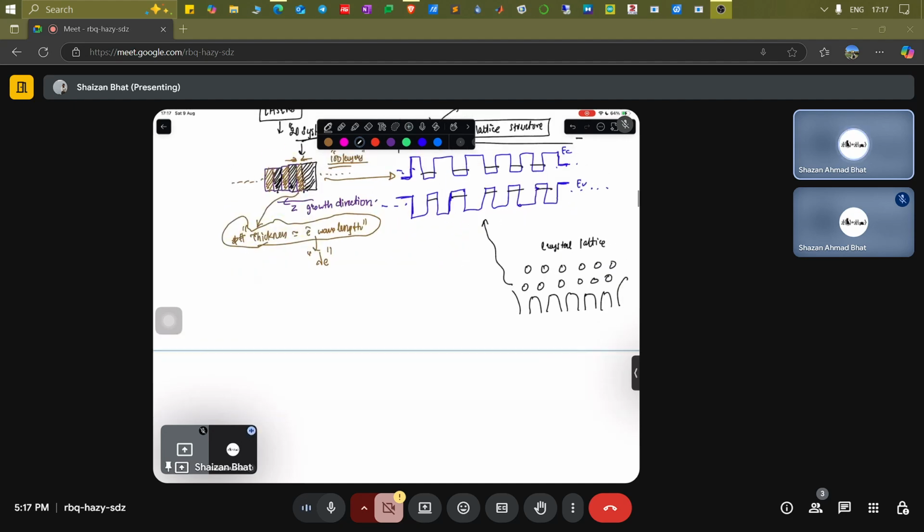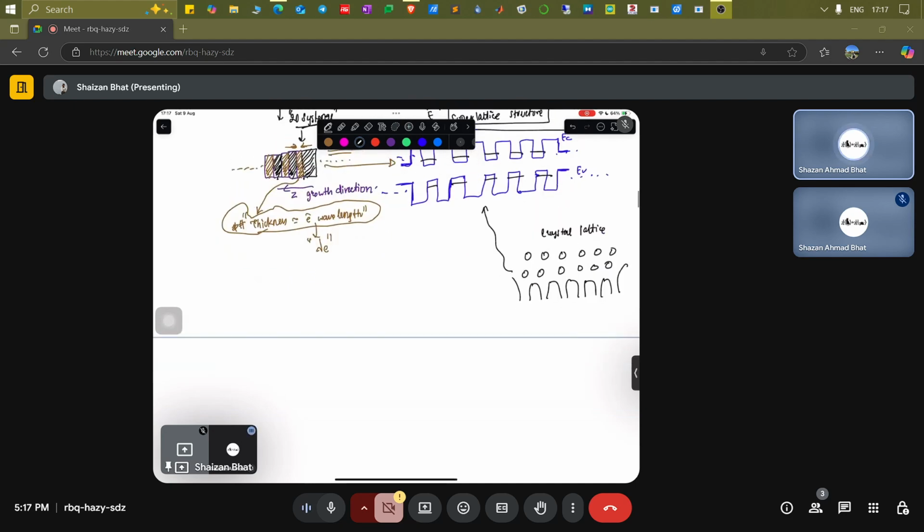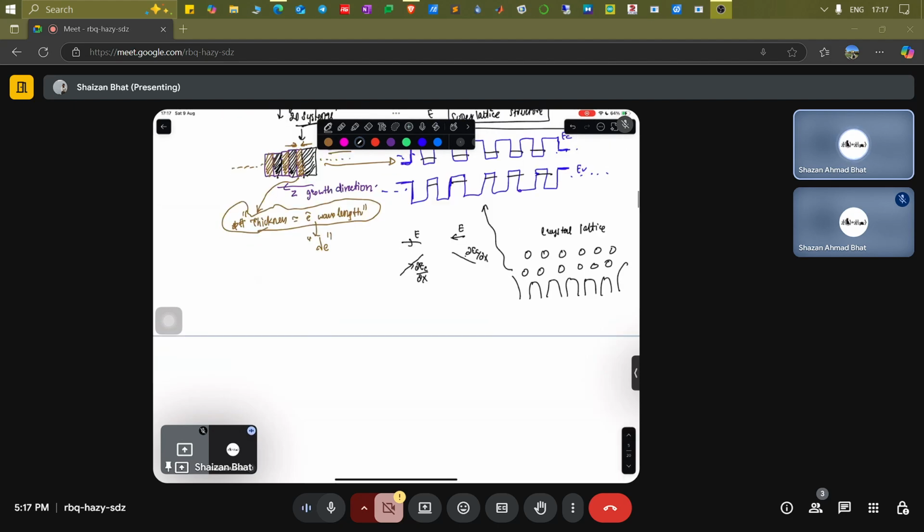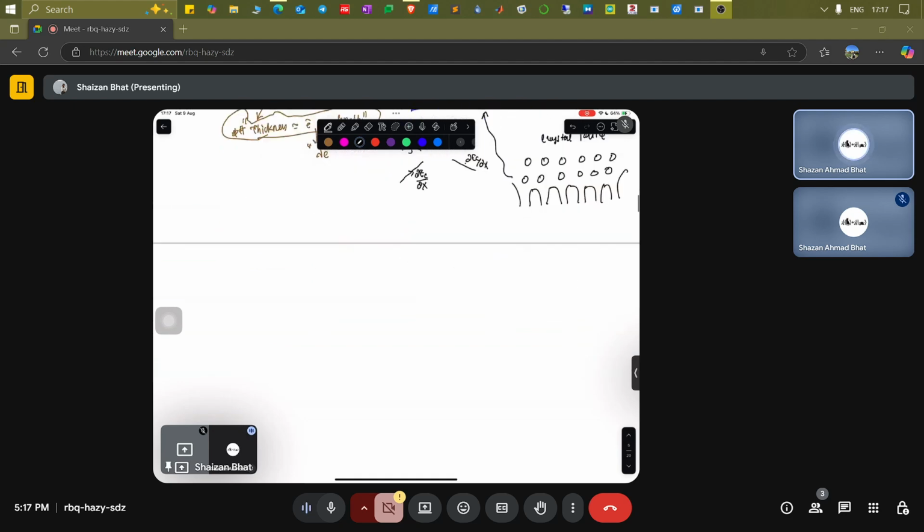So it's going to bend. For example, if the electric field is in this direction, you will get a bending like this. If the electric field is in this direction, you will get a bending like this. So this is basically dou E C over dou x. Accordingly, overall these superlattice layers are bent like this.